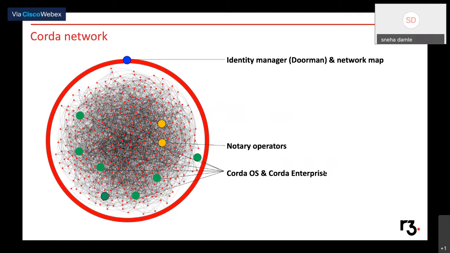Once the KYC process is done for these legal identities, the doorman issues them digital certificates, and then they get entry to this network. They become visible to other nodes within the network via the network map service, and then they can interact easily with each other. So this is the process by which legal entities can join the Corda network.